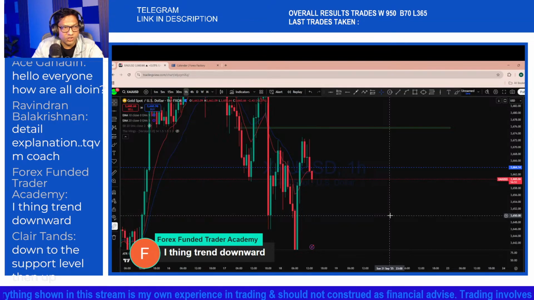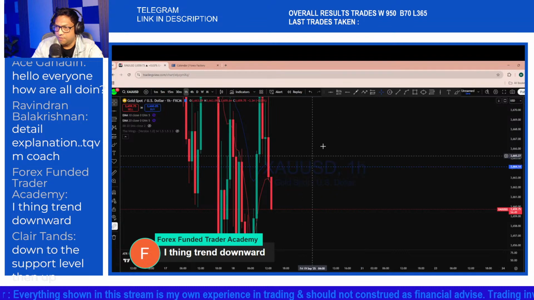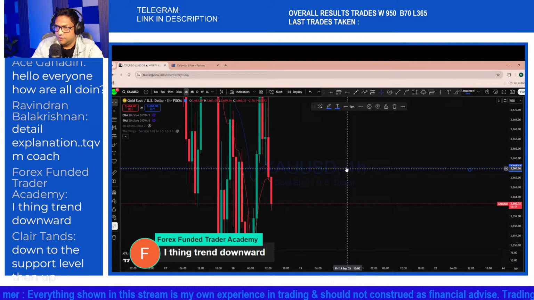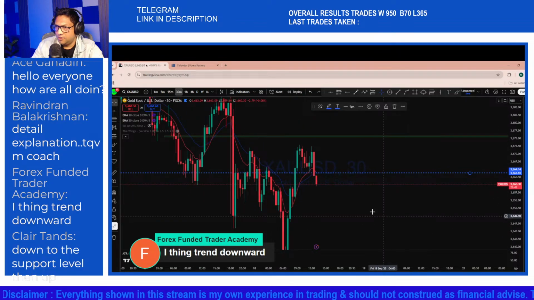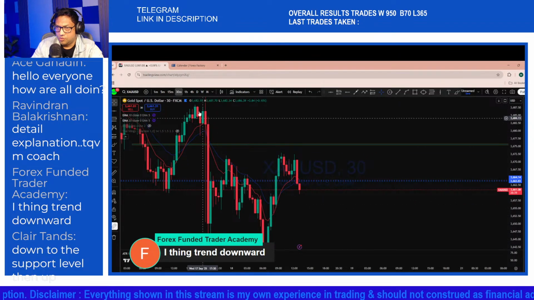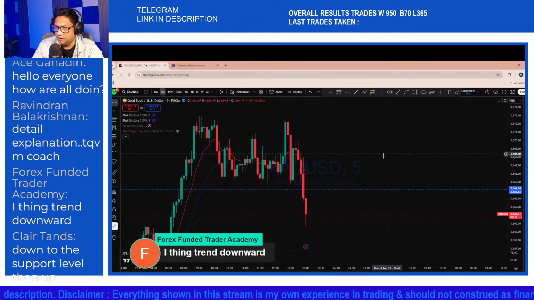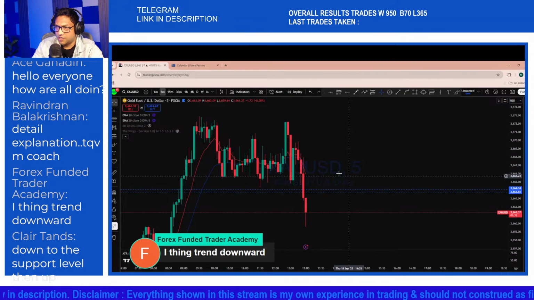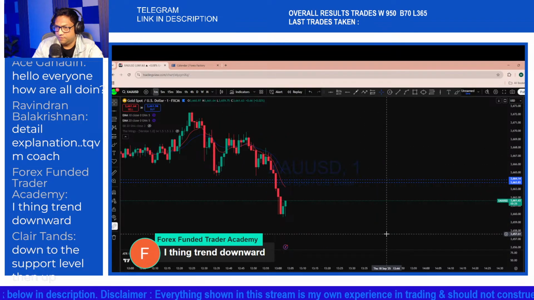Now the way market structure has formed, it is showing that possibly it is a bear market here, and because it's a bear market in that area, for us to potentially sell, we want to see the market reach this key level.